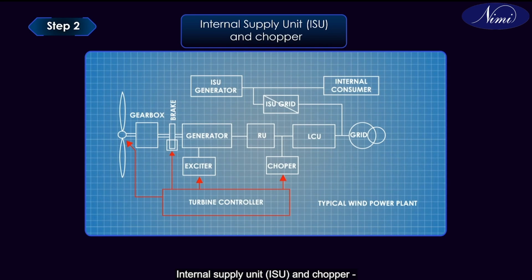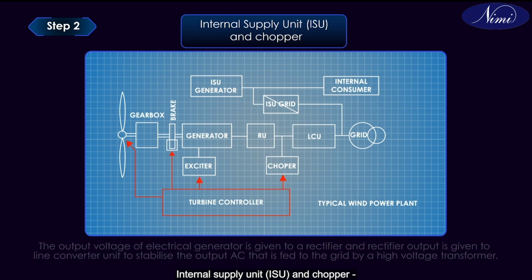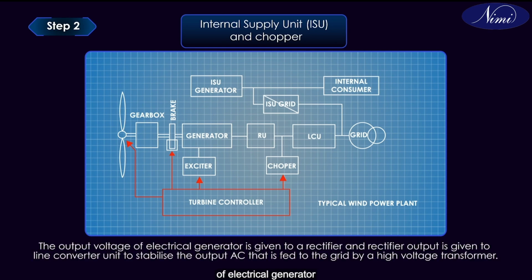Internal Supply Unit, ISU, and Chopper. The output voltage of the electrical generator is given to a rectifier, and the rectifier output is given to the line converter unit to stabilize the output AC that is fed to the grid by a high voltage transformer.